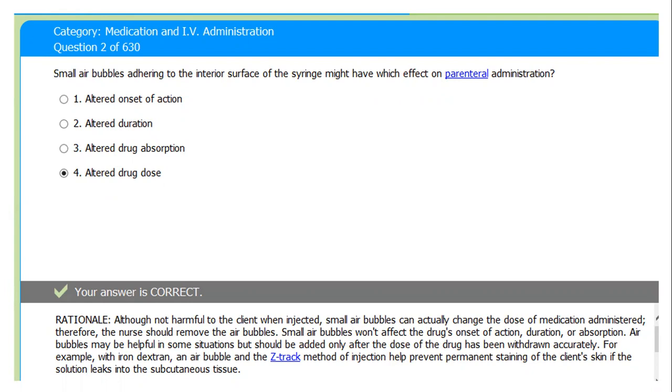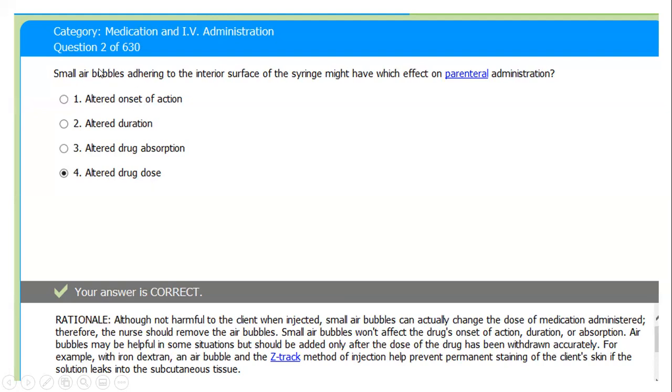But a small air bubble can actually change the dose of medication administered. Therefore, the nurse should remove the air bubble. So this is altering the dose.